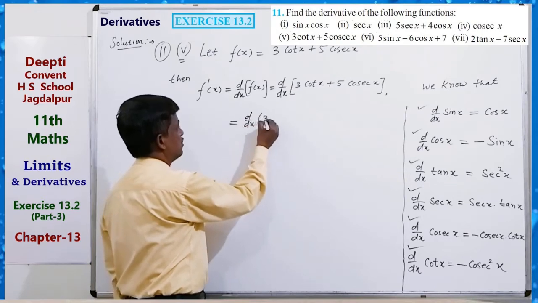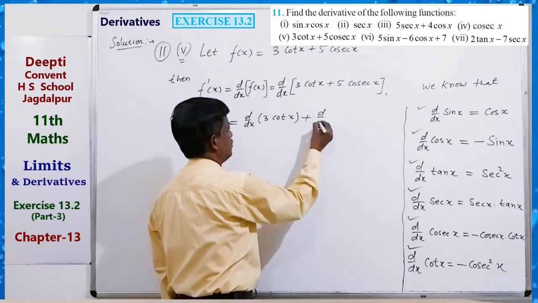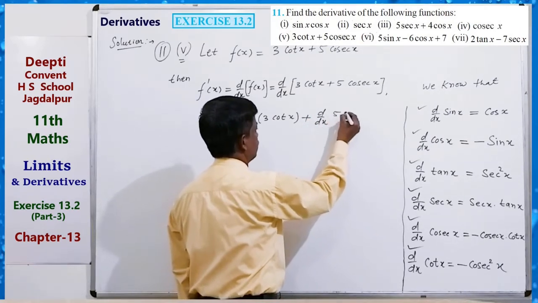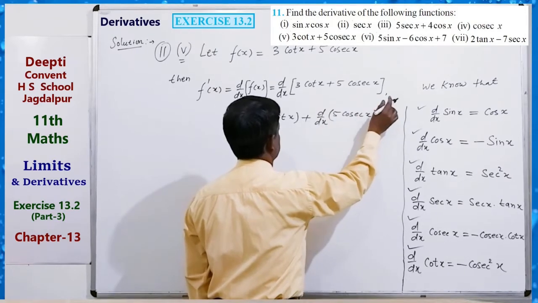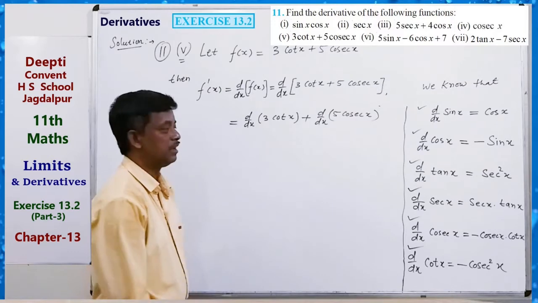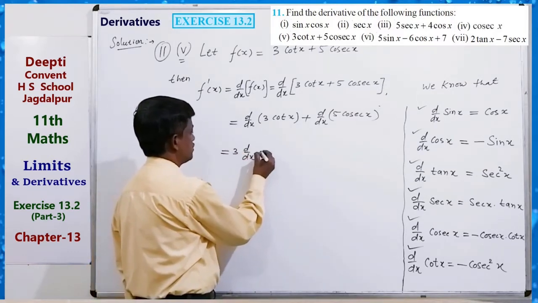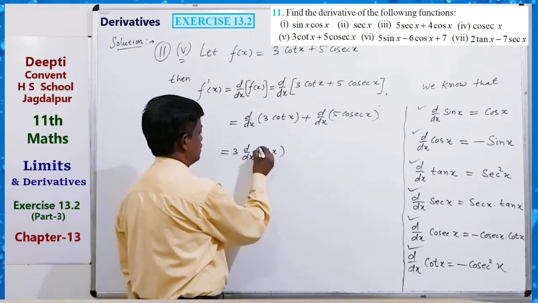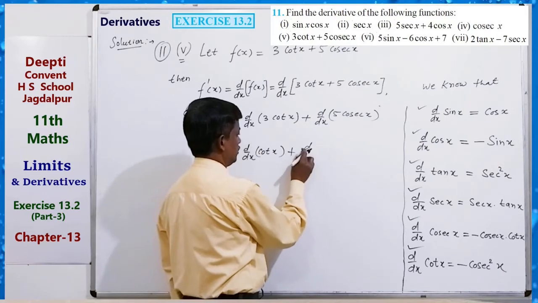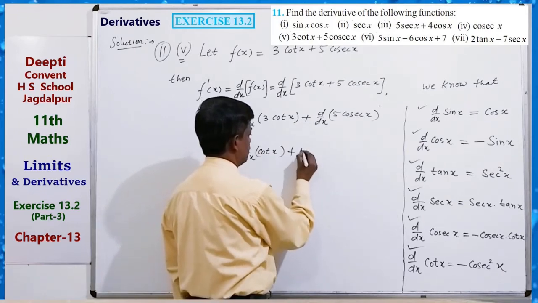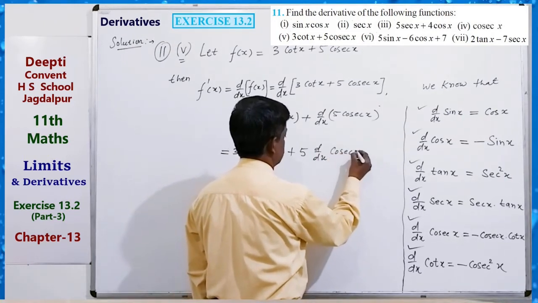by algebra of derivatives, we can write dy dx of 3 cot x plus 5 cosec x, with constant 3 outside, dy dx cot x plus 5 outside, dy dx cosec x.